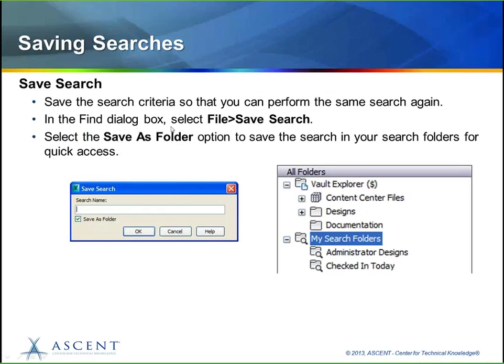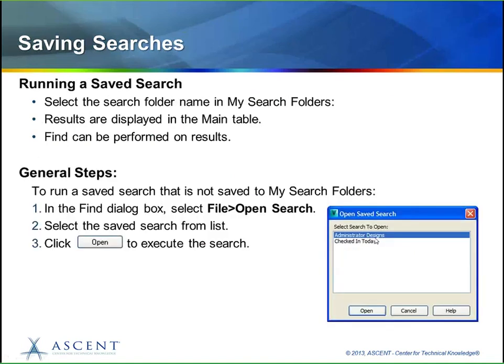So in the Find dialog box, you select File, Save Search, and then select Save as Folder if you want it to show in your My Search folders. And then running a saved search, you just simply select the search folder name in My Search folders, and the results come up in the main table.